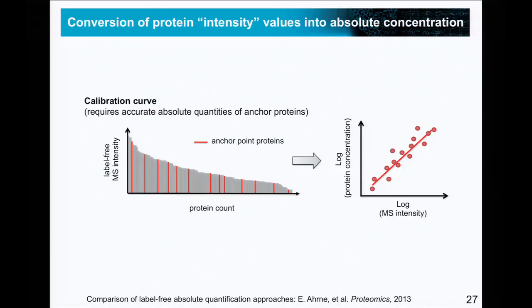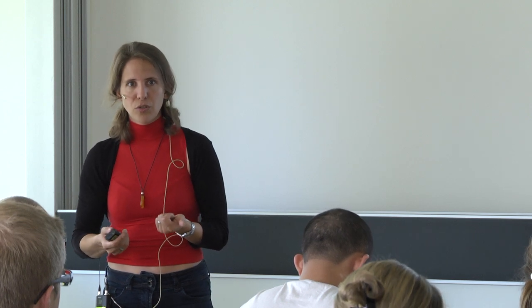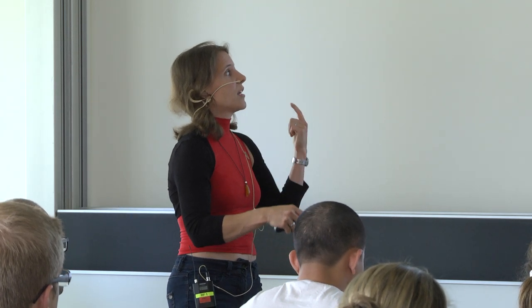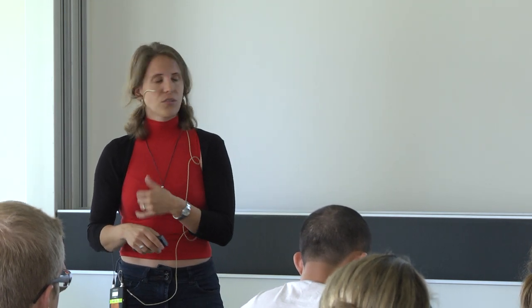And this you can do by working with such a calibration curve. So what you do is you select over all the proteins that you have measured a few anchor proteins. And for those anchor proteins, you need to accurately know the concentration in the sample. And you can do this by using any of the stable isotope labeling approaches, or you can, for example, use spike-in proteins from which you know the concentration.